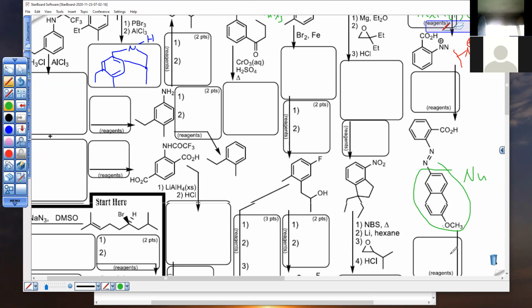It's a beta-methoxynaphthalene. That's what it is. Beta-methoxynaphthalene. There's alpha right there, and there's beta there. And room temperature.